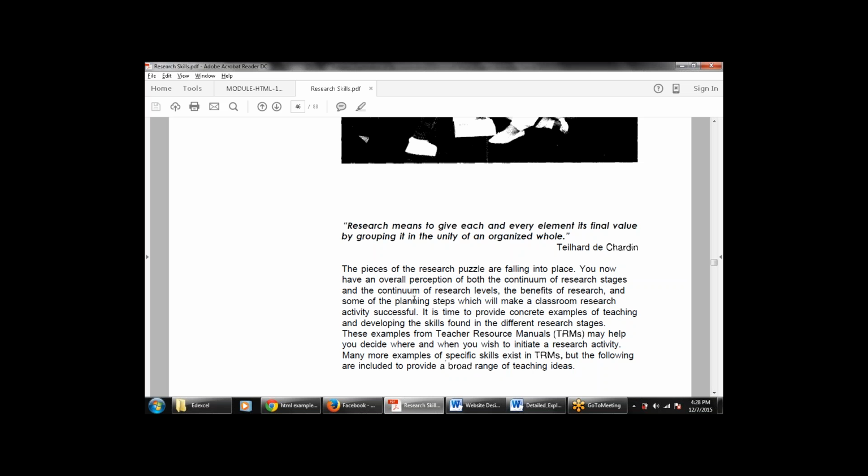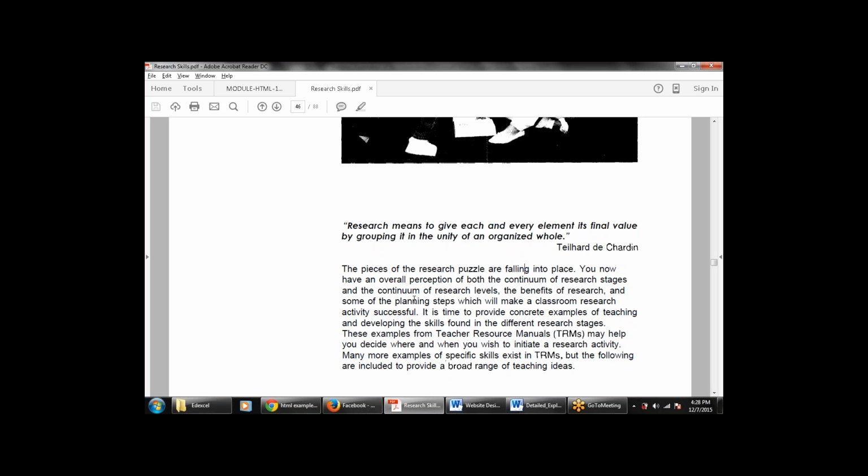So it depends on the steps taken to make the classroom research activity successful.